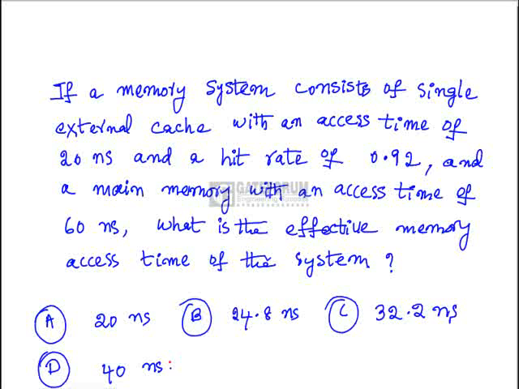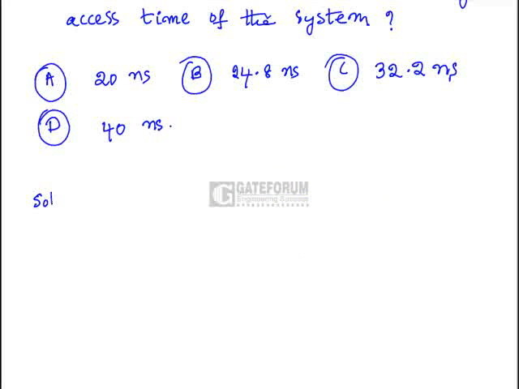We need to find the effective memory access time, which can be calculated based on the hit rate. If you take 0.92 hit rate, 92% of the time the access time is 20 nanoseconds, because we found the entry in the cache memory.